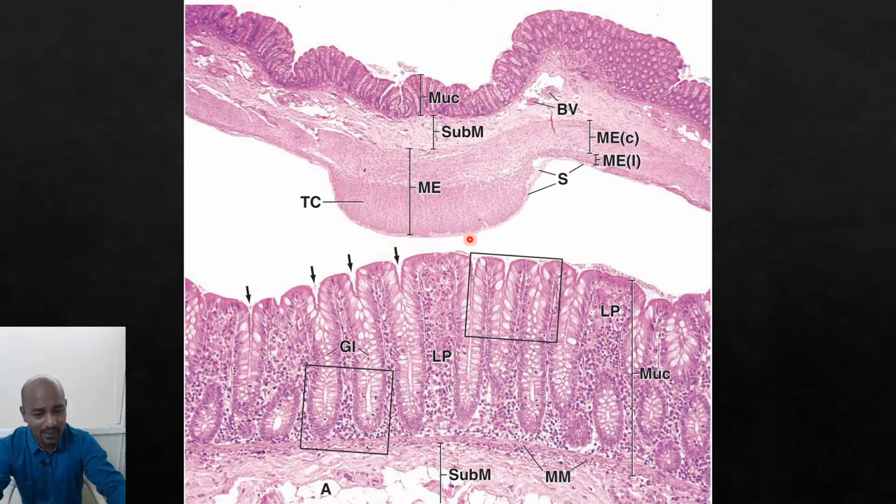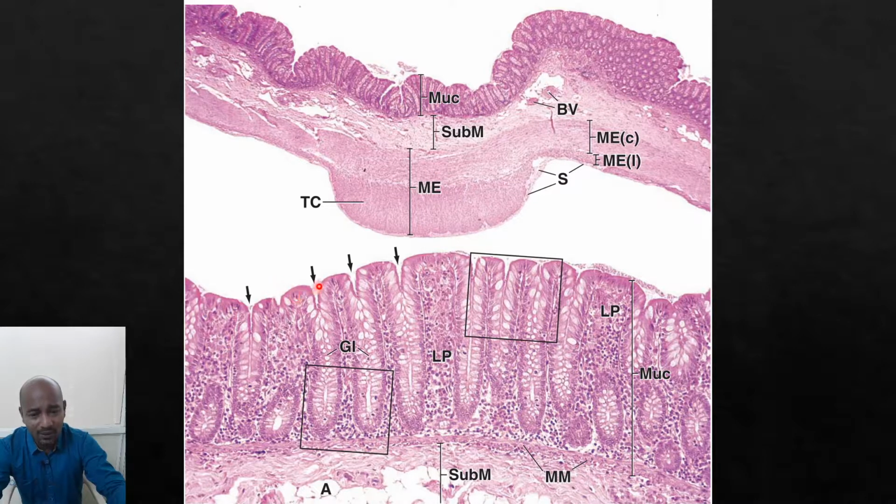So this band is the taenia coli. Okay, and covering outside that is the serosa. Okay, so there is muscularis externa, the outer longitudinal layer, and the circular layer, the submucosa, then the lamina propria and muscularis mucosa, then the mucosa layer.